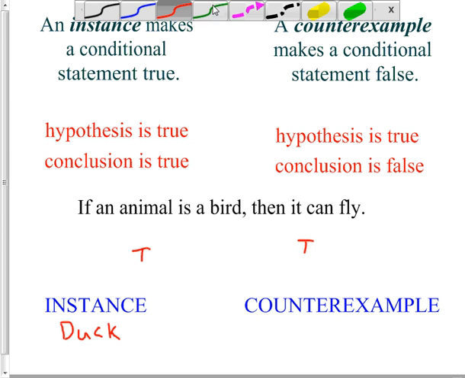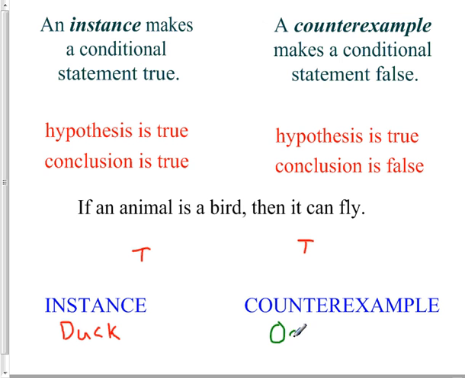So then I want to come up with a counterexample. So are there any birds that can't fly? And so the answer is yeah, there's a couple. There's not many, but an ostrich is a bird. So is an ostrich a bird? Yes. Can it fly? No.